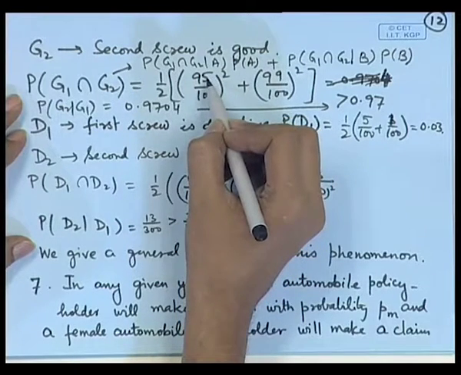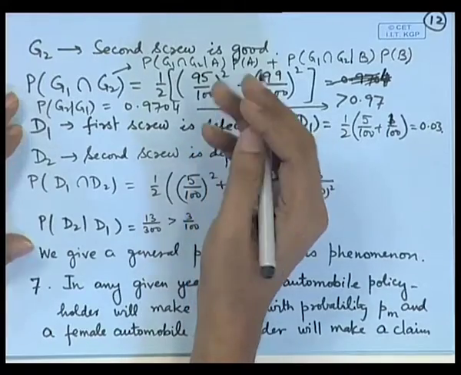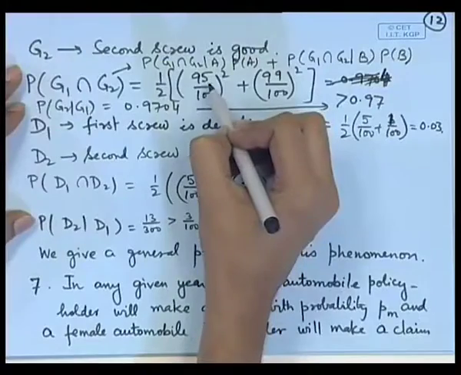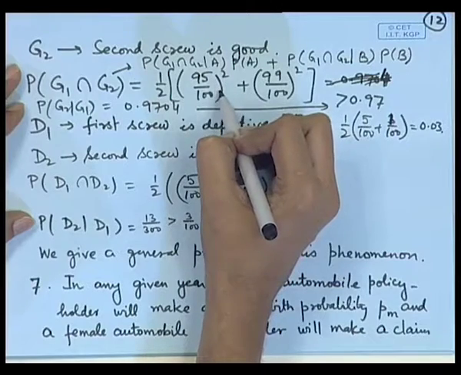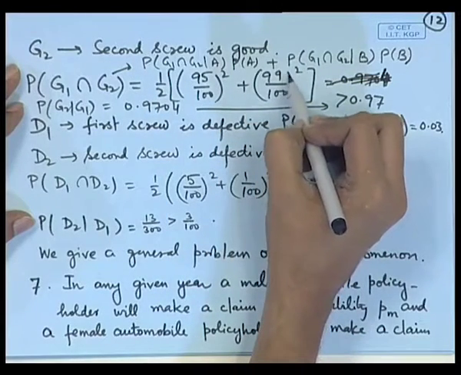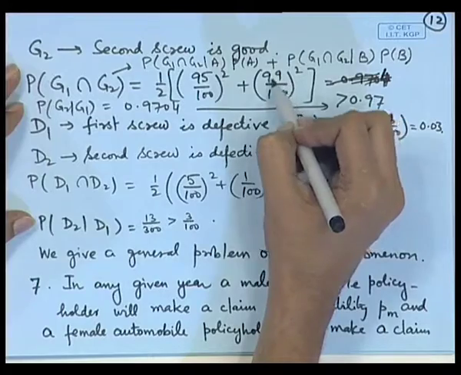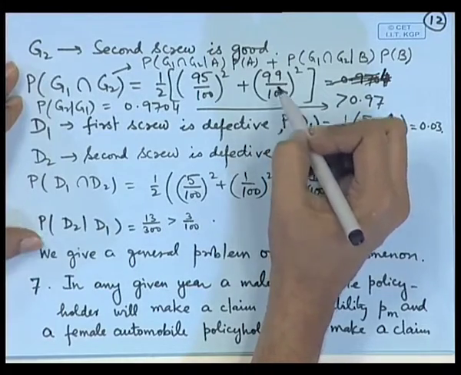Here the first screw is good with probability 95 by 100. Now, all the screws are coming independently from factory A or factory B. So, at each inspection the probability of being defective or good remains the same. So, it will be 95 by 100 into 95 by 100 if it is coming from factory A. In a similar way, from factory B, it will be 99 by 100 into 99 by 100.